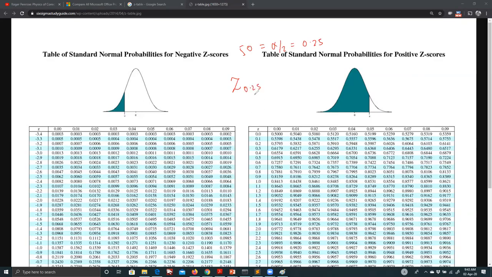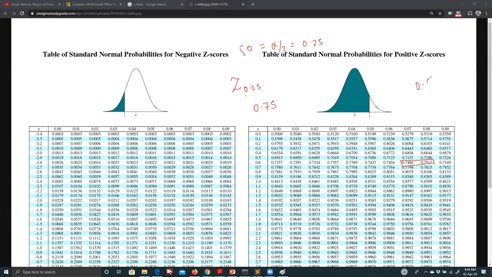So look for 0.25. If alpha by 2 is 0.25, the rest of the area is 0.75. Where do you find 0.75 in the upper chart, or just before 0.75? You will get somewhere here, 0.67, careful, 0.67.